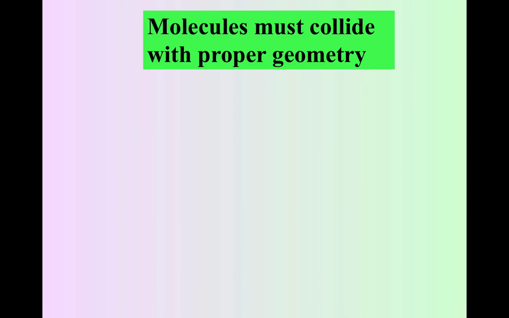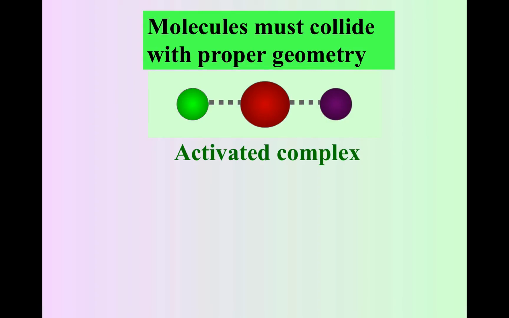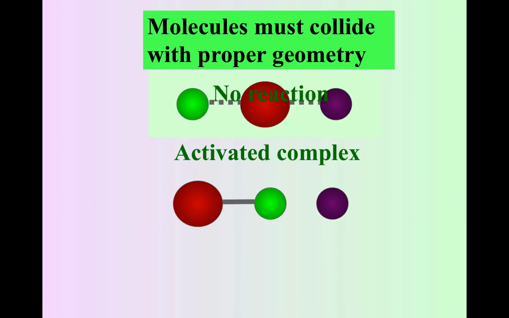All right, so not only do you have to hit hard enough, but you also have to hit in the right orientation. I mean, if I'm going to get an activated complex between the blue ball and the red ball, the blue ball has to hit the red ball. So if it comes in and slams into the green ball, I'm not going to get a reaction.